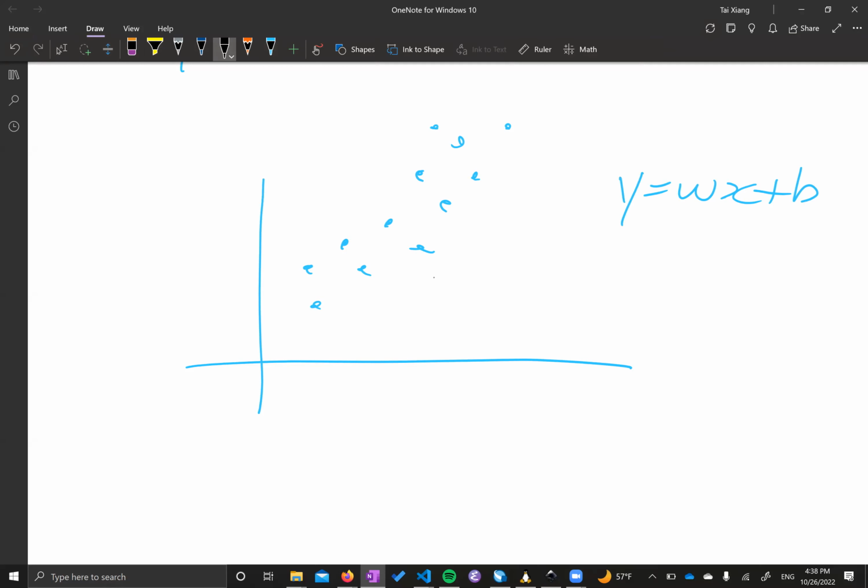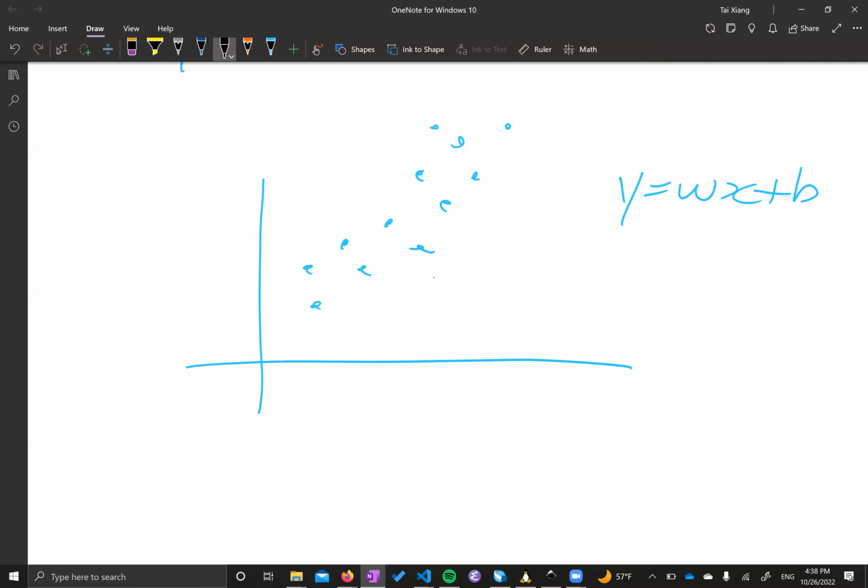So let's say we had this set of data, and we were basically trying to determine a linear regression, given some parameters defined by y equals wx plus b. How do we find a w and b that fits this set of points well?